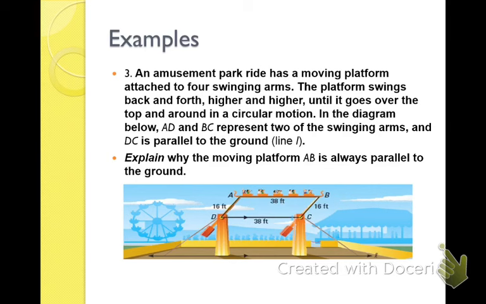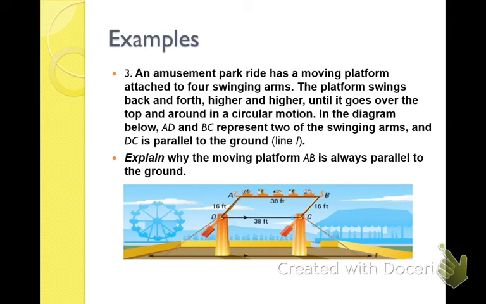Okay, so how do we know that AB is always parallel to the ground? What's our thinking? What do we know about this shape? Faith? It's not a rectangle because it's moving, it's changing all the time.